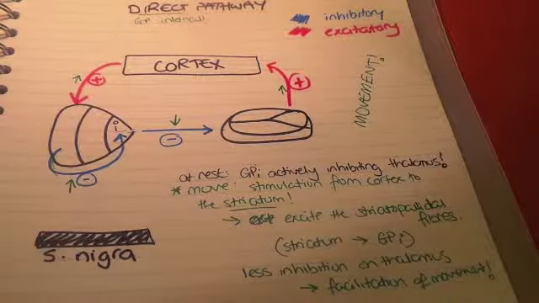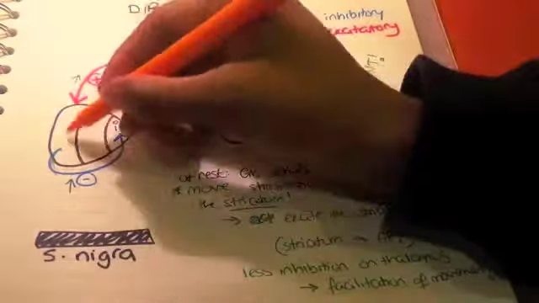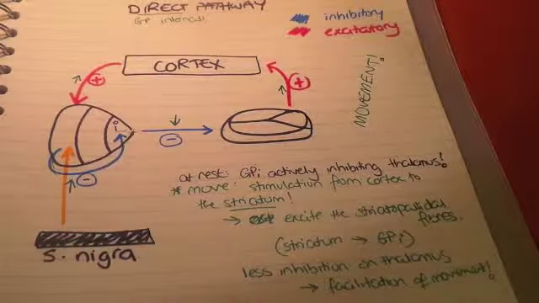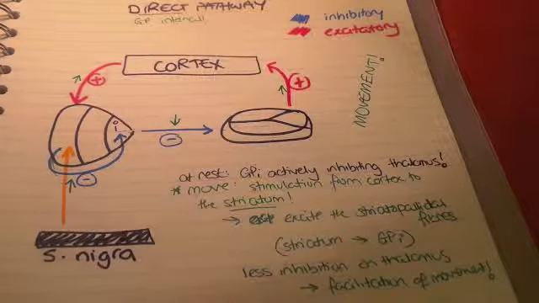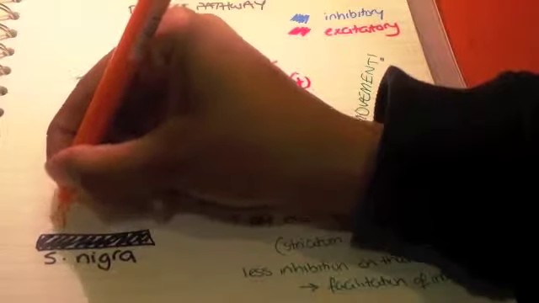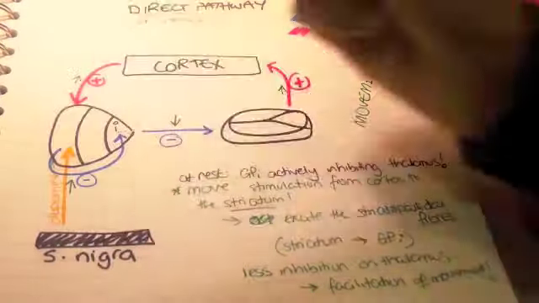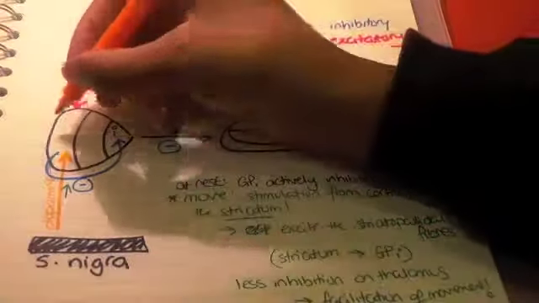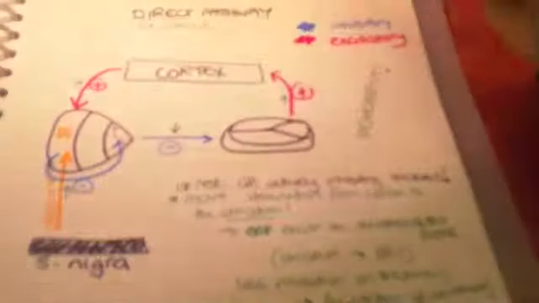Now let's add the action of dopamine. Dopamine is released in the striatum from the substantia nigra compacta. Okay, this is dopamine. In the direct pathway, it mainly acts through D1 receptors.